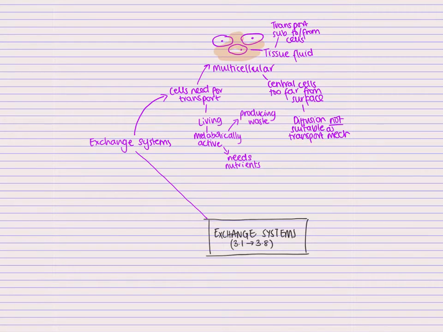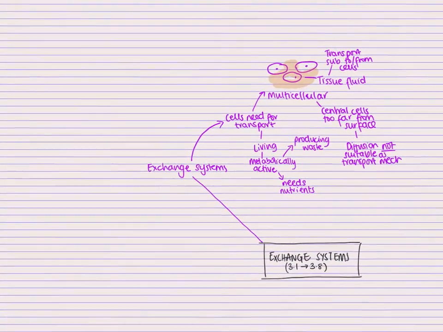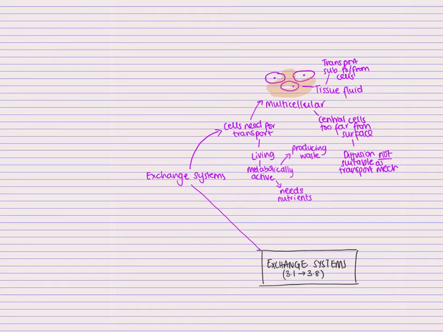Okay, so now we're going to carry on thinking about that metabolically active, or metabolism even, and make another little branch, because this links quite nicely into the multicellular unicellular thing. So the more complex the organism, so we can link that to multicellular, the more complex the organism, the higher the metabolism.